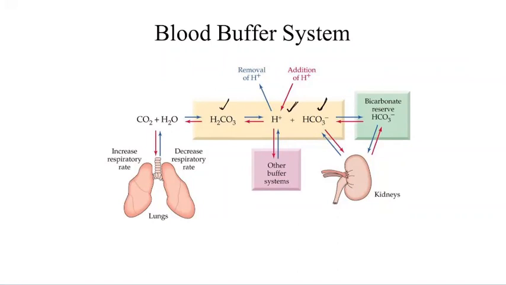More importantly, when you introduce alkaline water to your body, the blood buffer system takes care of it. It's going to pH it out. So you can drink as much pH 9 water as you want. Your body is going to take care of it through a buffer system, and your body wants to be at 7.4.